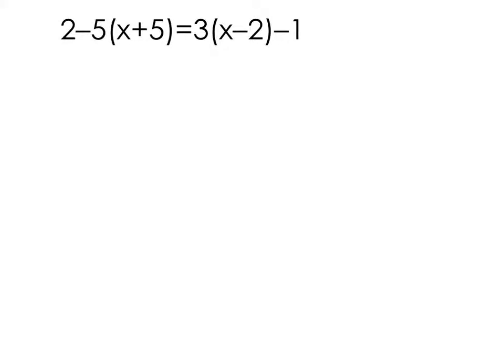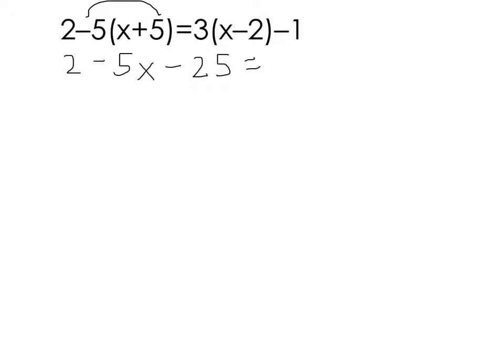So now we have another problem, and we have parentheses. We eliminate parentheses using the distributive property. So 2 minus 5x, be very careful, because it's minus 5 times a plus 5, which is minus 25. You want to make sure when you use that distributive property to realize that that negative is applying to the second term as well as the first.